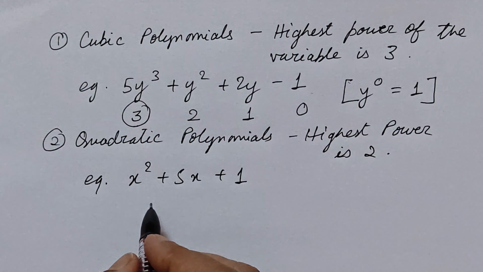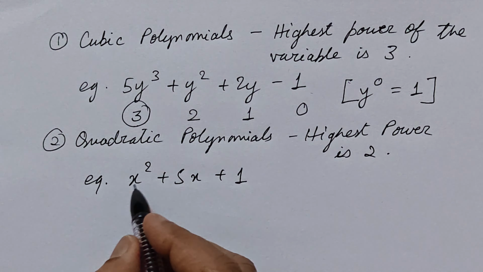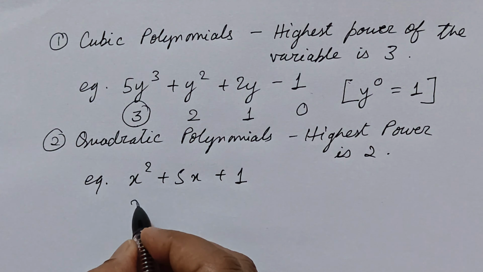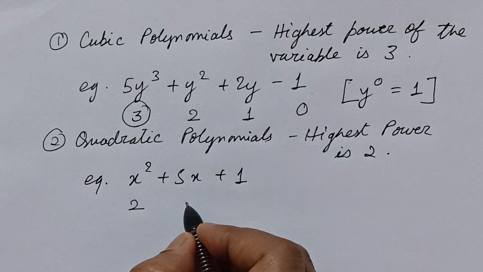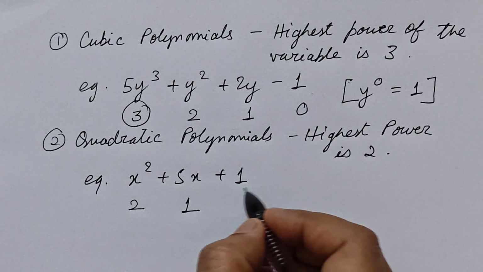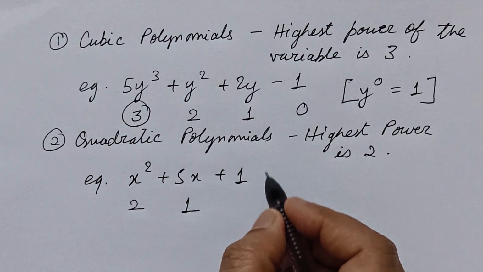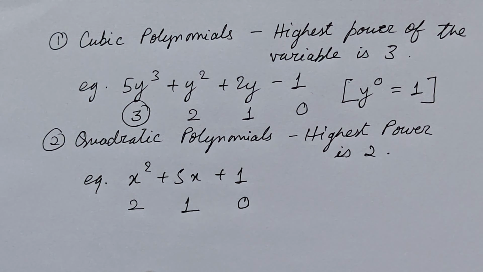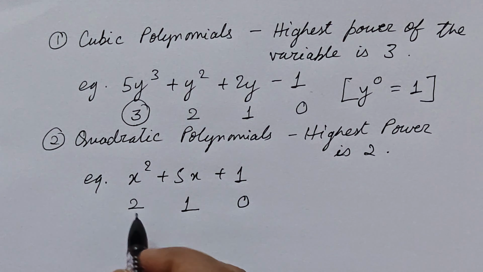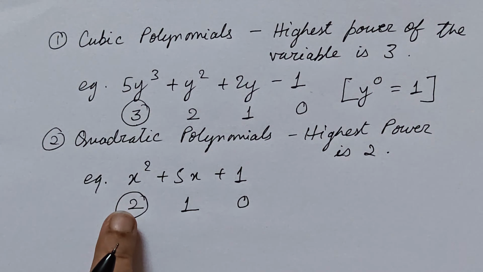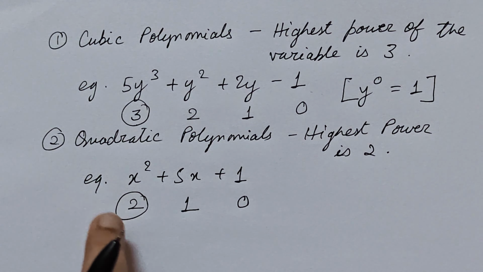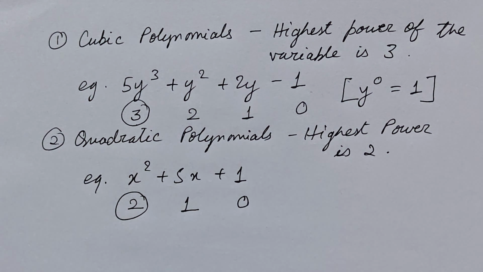Here again we will write the power. This term x square, the power is 2. Here the term is 5x, the power is 1. Here this is a constant term with no variable, that means the power is 0. Among all these 3 powers, the highest one is 2. So the degree of this polynomial is 2, and this expression will be called a quadratic polynomial.